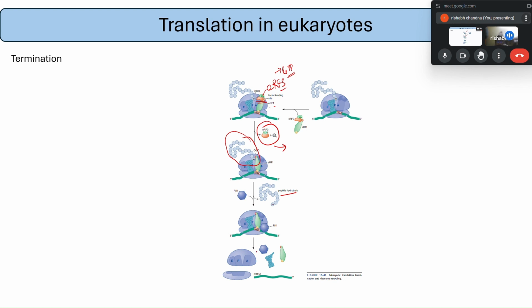And now the release factor comes, that is RLI1, and this helps in the release of all the components, that is eRF1, the tRNA, the 60S and 40S subunit, and the mRNA.